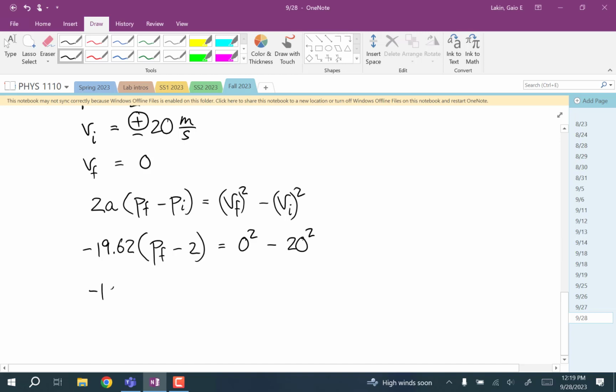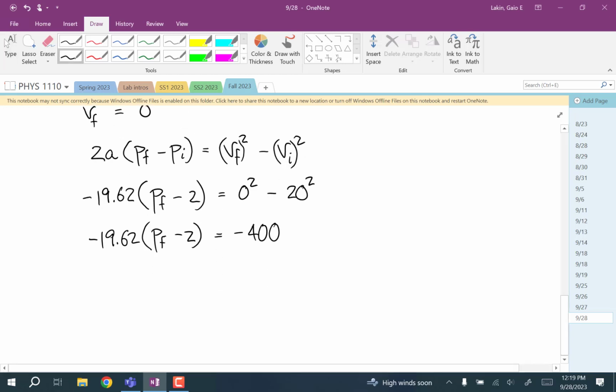Okay, so negative 19.62 times the quantity pf minus 2 is equal to negative 400. And you get an answer, okay. Another thing that I saw a few times is people didn't treat it like this negative 19.62 has to be distributed through these. So people would multiply the PF times negative 19.62, but not the negative 2.